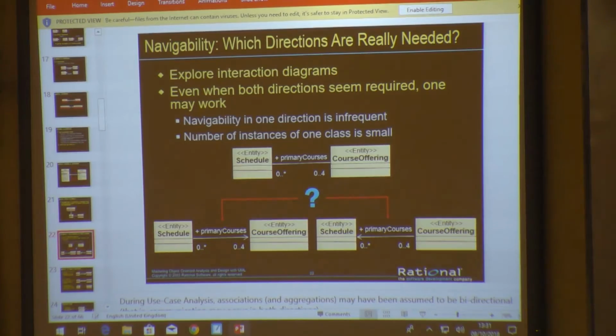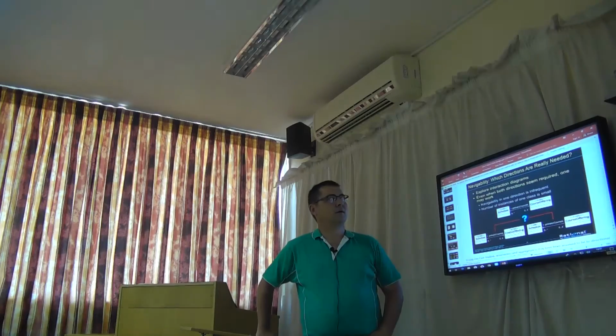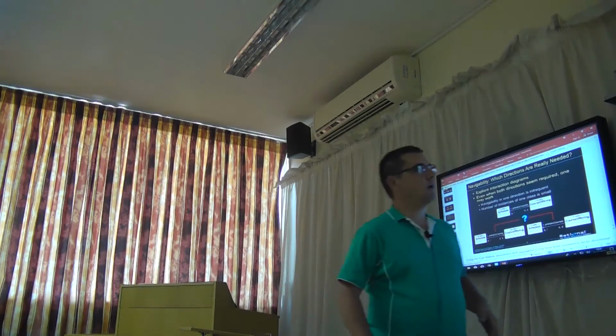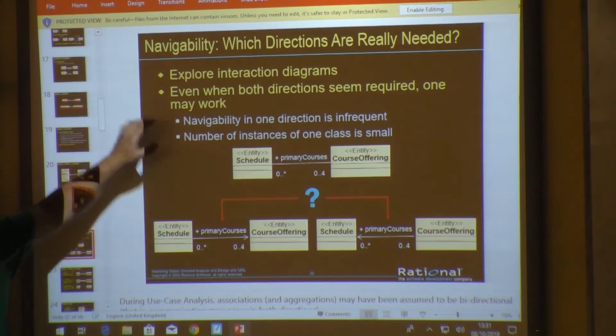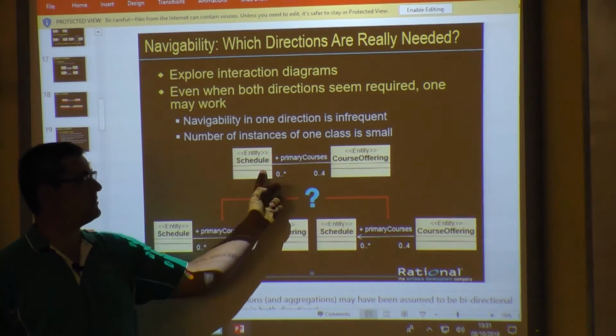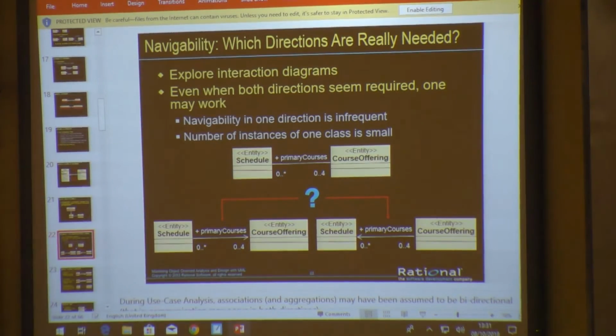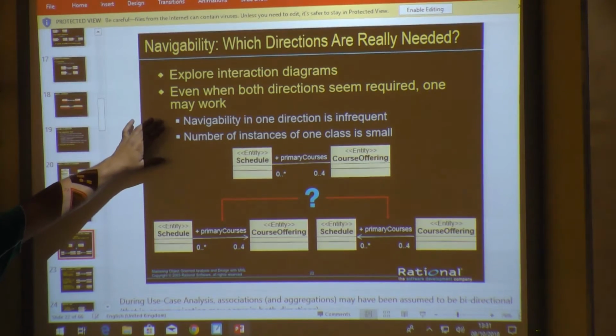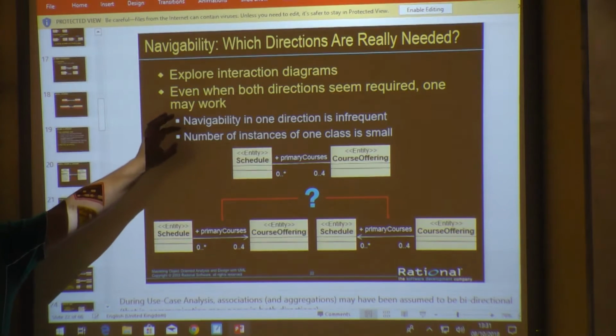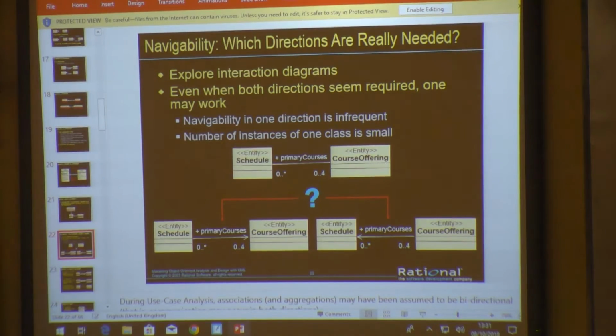We can even work, even when both directions seem required, if we are getting to something like this where it looks like a bidirectional thing, we might need to decide which navigation is infrequent, meaning what is going to be the most frequent direction of communication.